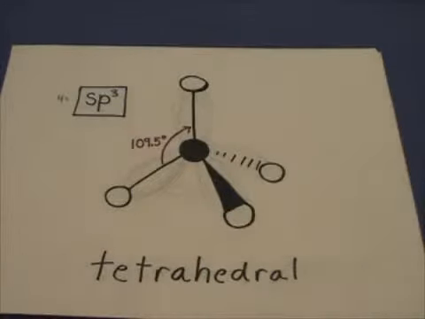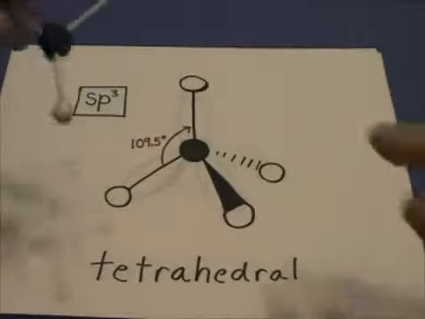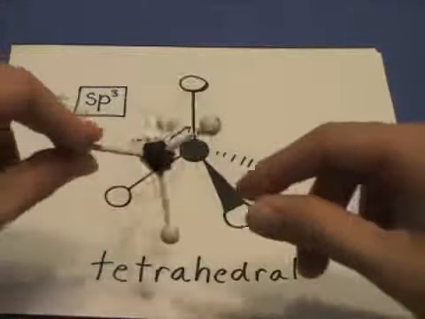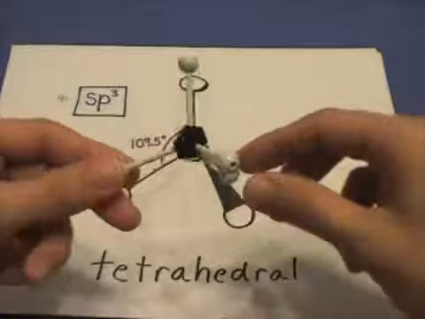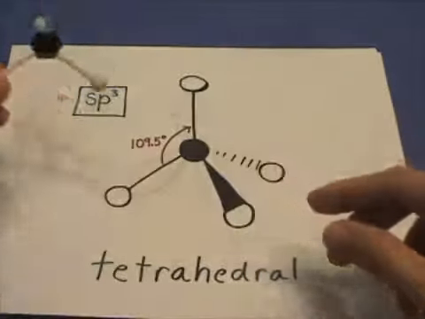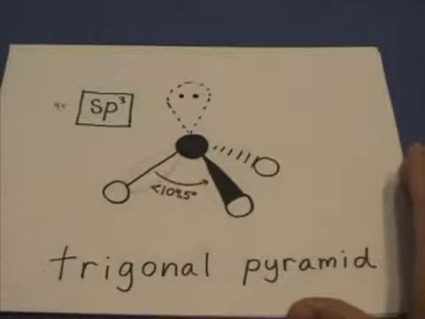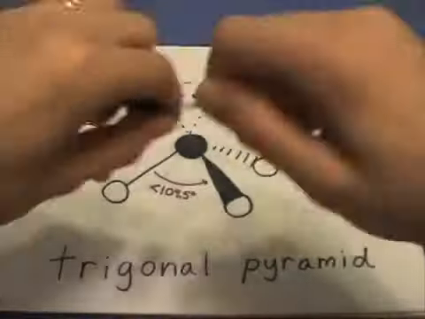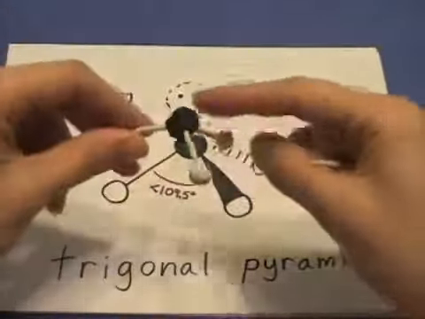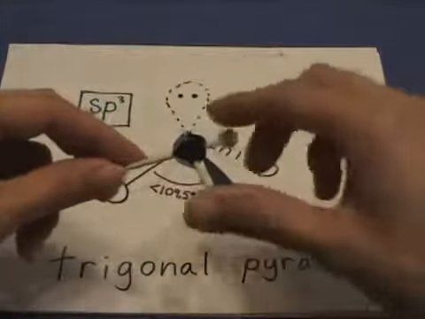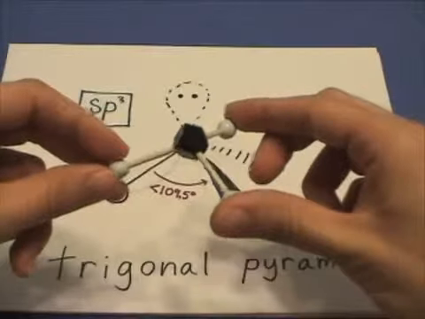With 4 sigma bonds and no lone pairs, the molecular shape is tetrahedral with a predicted 109.5 degree bond angle. sp3 hybridized. With 3 sigma bonds and 1 lone pair, the predicted angles are less than 109.5 degrees.